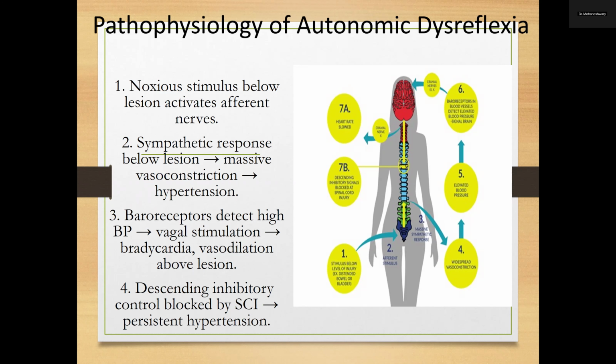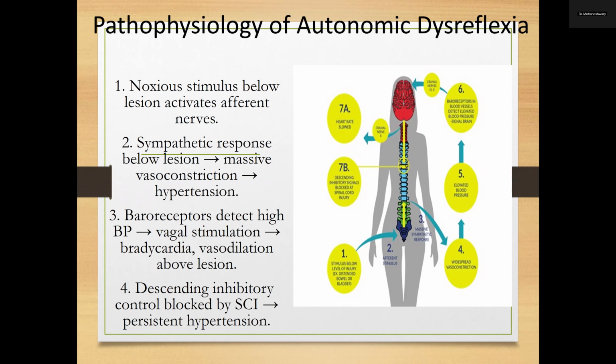But because the descending inhibitory signal is blocked at T6 because of the spinal cord injury, the signal to slow the heart rate and reduce the blood pressure below the injury level does not get sent. There's a blockage, so there's persistent hypertension. In a normal body, when there's elevated blood pressure, the signal is sent down and your parasympathetic takes over to reduce your heart rate and your blood pressure.